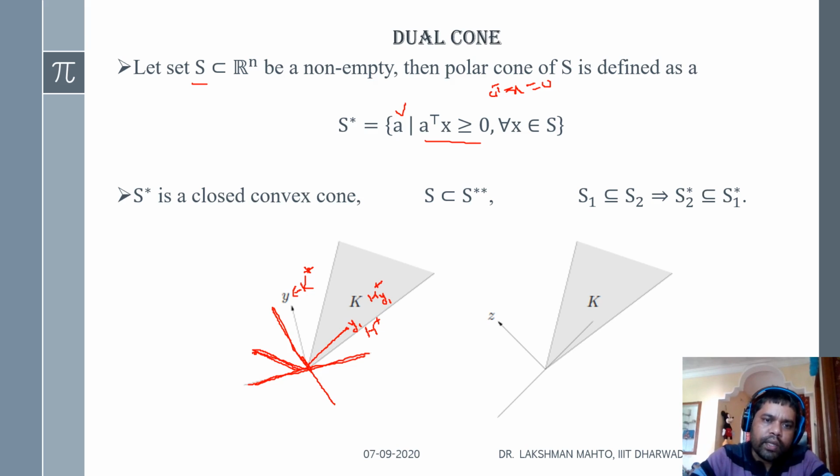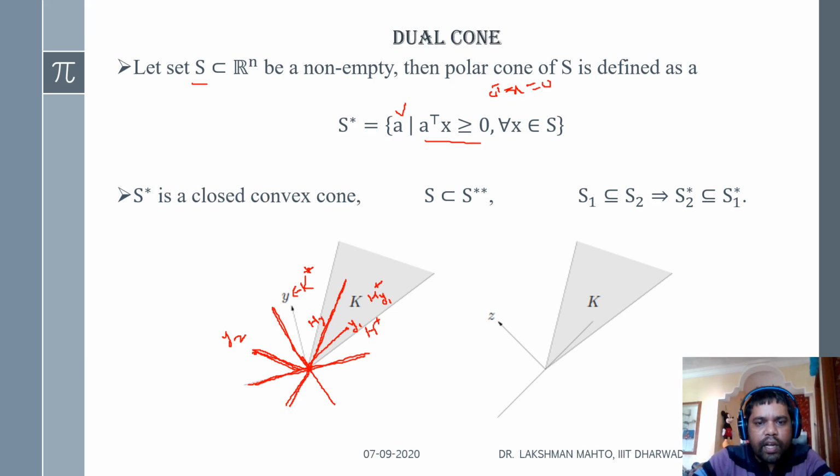Suppose you take any point here, any direction here, call it y2. With respect to this direction, what is the hyperplane? It would be this. Now we observe there is a problem. What problem?